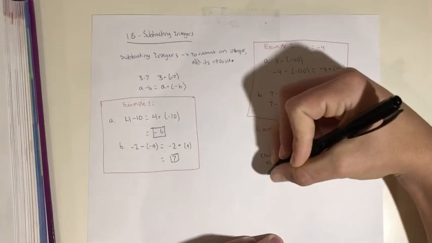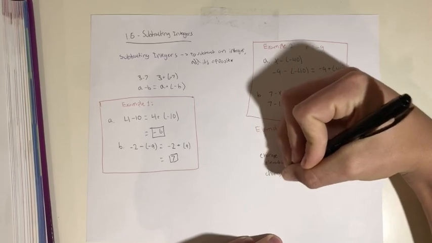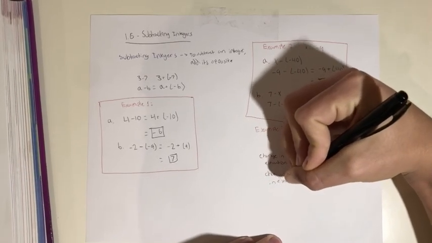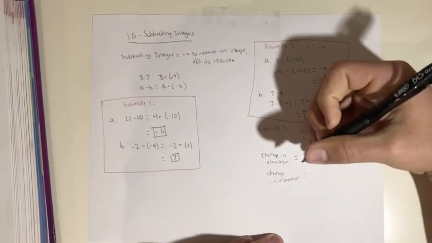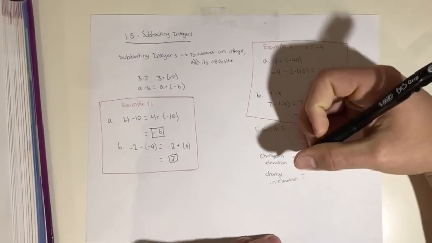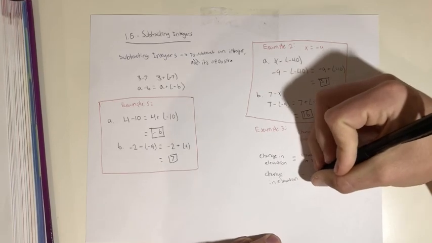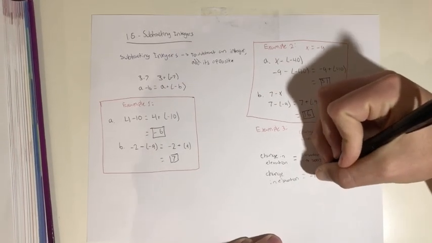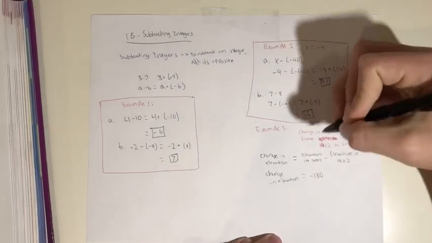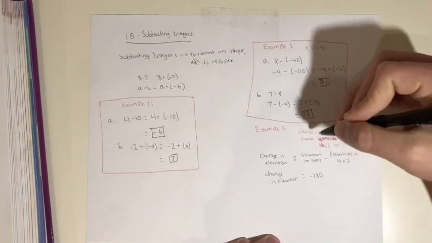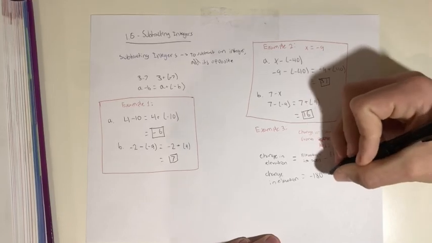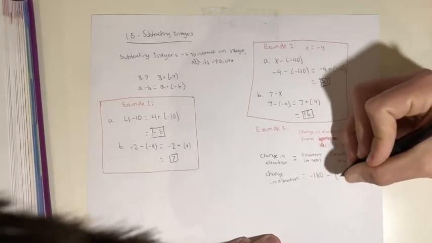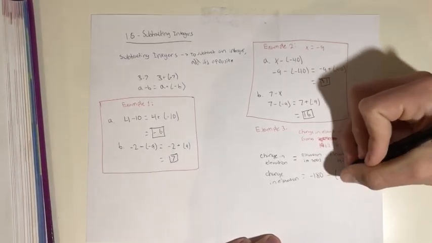The elevation in 2002 is negative 180. This mountain is below water, that's why the elevation is negative. Elevation in 2002 is negative 180 minus the elevation in 1962, which was negative 235.